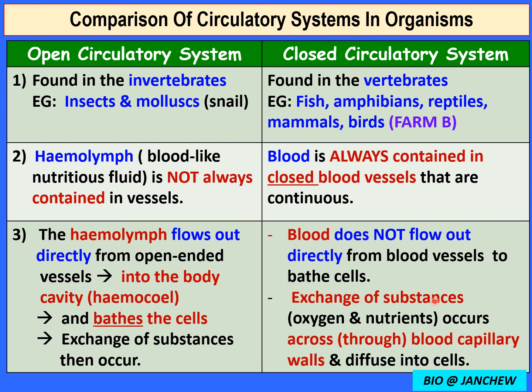So exchange of substances such as oxygen or nutrients occurs across the blood capillary walls, and from there it will go into the interstitial fluid, and the substances will then diffuse into the cells. Right? The whole blood never comes out from the blood vessels, only components of it can come out.